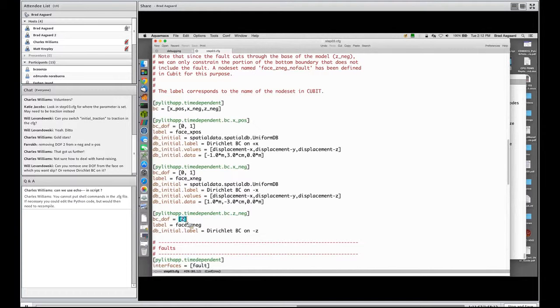So we could either put that degree of freedom 2 back in the x displacements and remove our boundary condition on the z, or we can remove the fault from the z boundary condition, so z negative. So that's what I'm going to do.